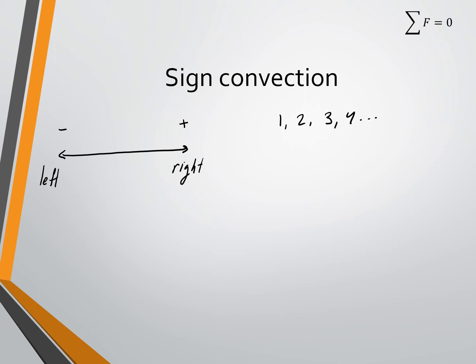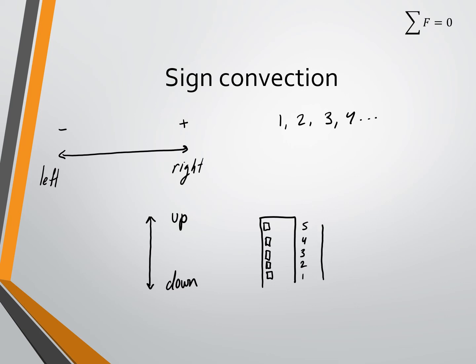We can do the same type of sign check for up and down. So here we have an arrow. We have part of it pointing up and we have part of it pointing down. So with up and down, typically we like to think about this in terms of a building. We have our building and it has all of its floors. This is the first floor, the second floor, the third, fourth, and fifth floor.